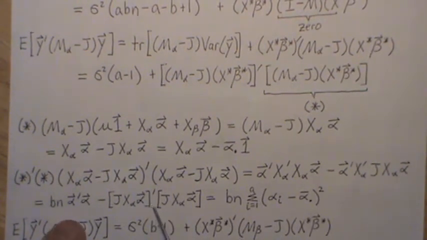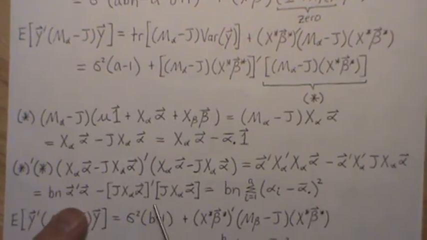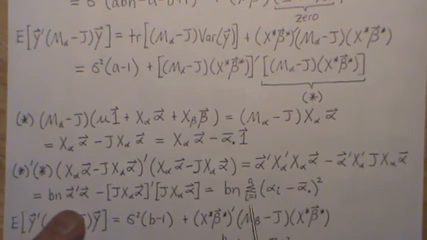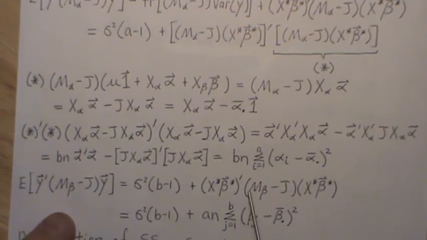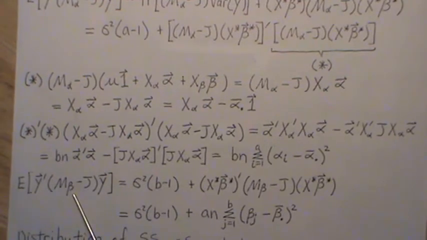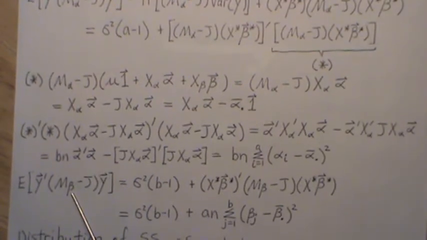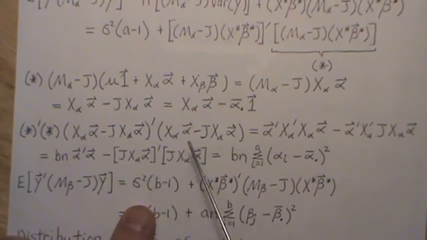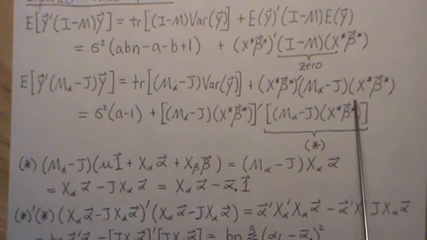And then when you do this, you end up with this. I'm skipping a few steps, but make sure that you can go from here to here. This is the expected value of the sum of squares for factor B. And again, we would use the formula, the trace times this.